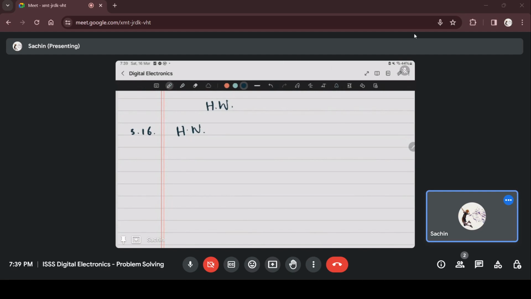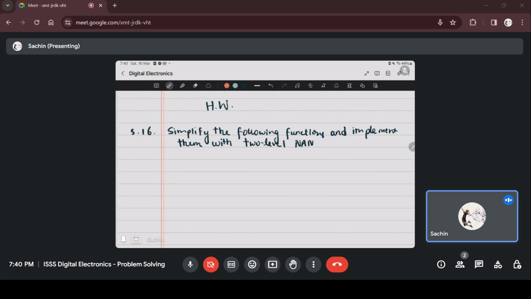Or let me see. I will leave the simplification part as homework. So simplify the following functions and implement them with two-level NAND gate circuits.